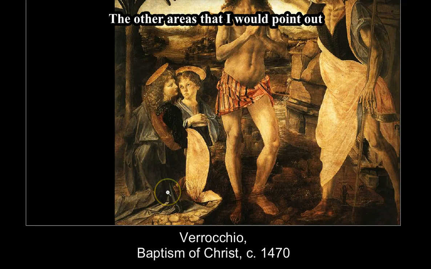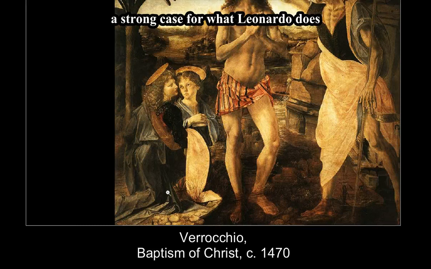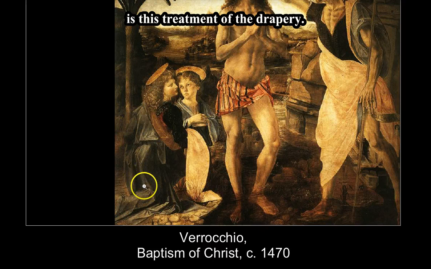The other areas that I would point out, just because they're here, and I think they make a strong case for what Leonardo does and what his interests are, even from this very early age, is this treatment of the drapery.